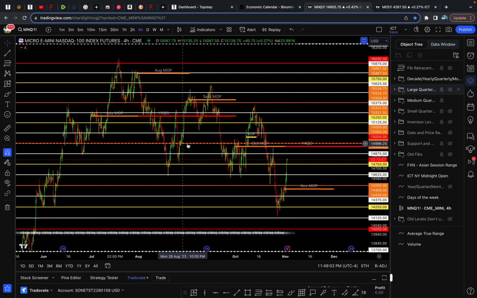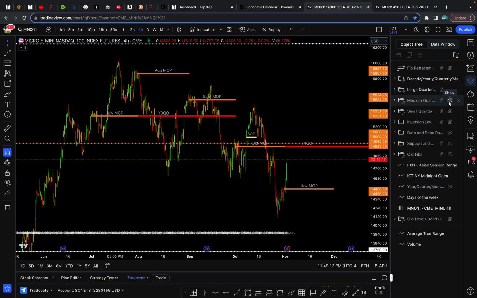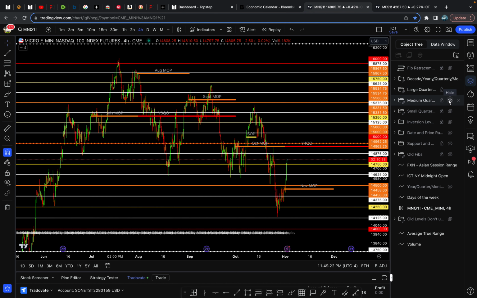But the level that it was attacking is not really these levels down here. It's this level right here, because these are the major. This was a major level, and that was the level it was attacking, and bounced up off to this other mid-level.